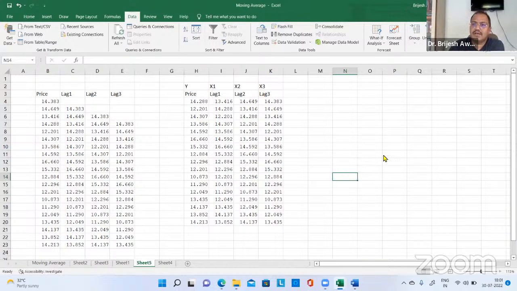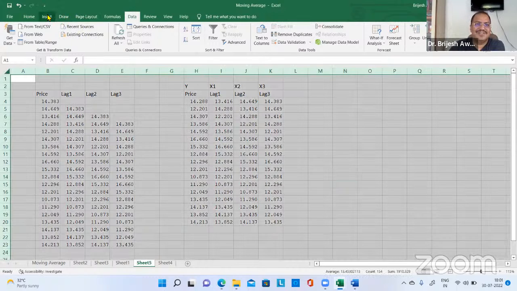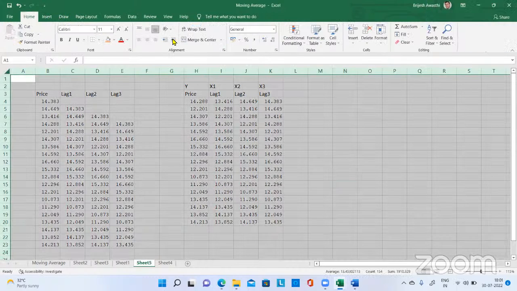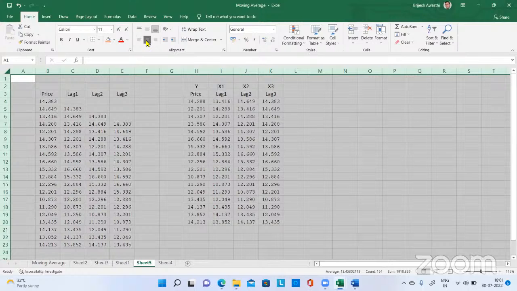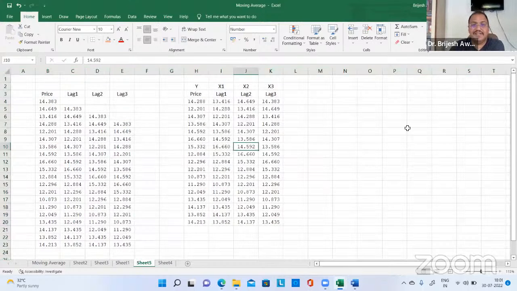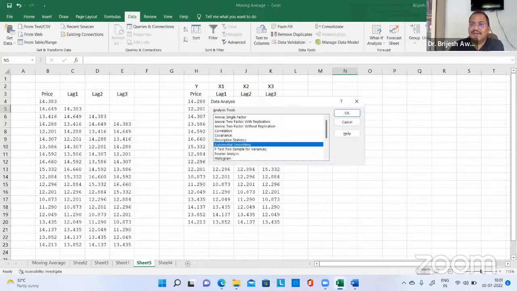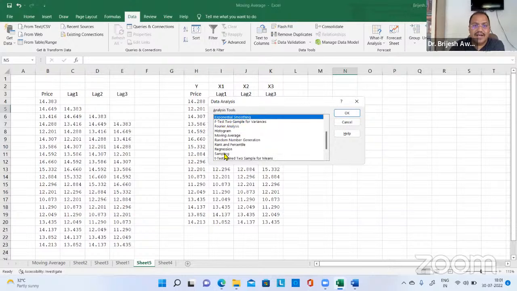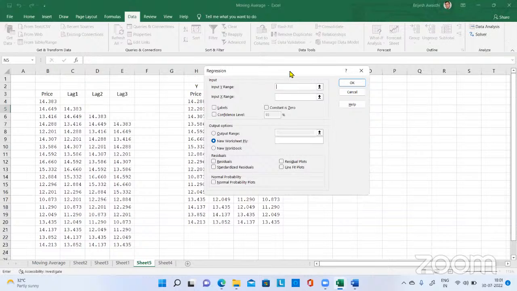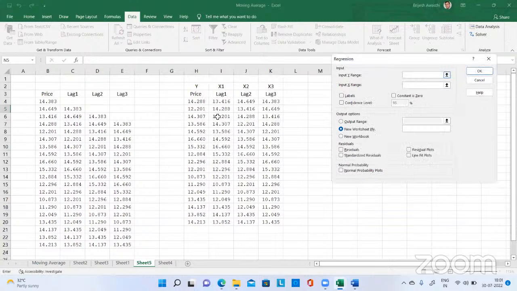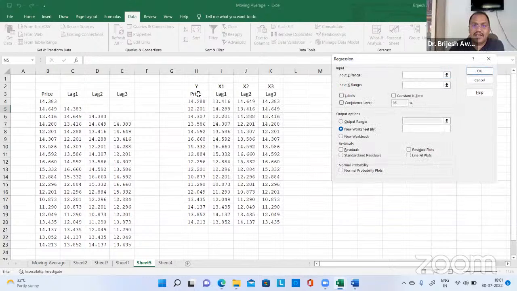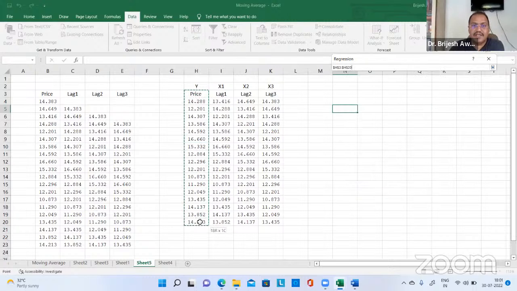Now you have to calculate the regression. Can you calculate? Now you are all experts in regression. Even in dreams, regression comes now, right? So this is Data Analysis, and Regression. In regression, first is the Y series, this is my Y series.